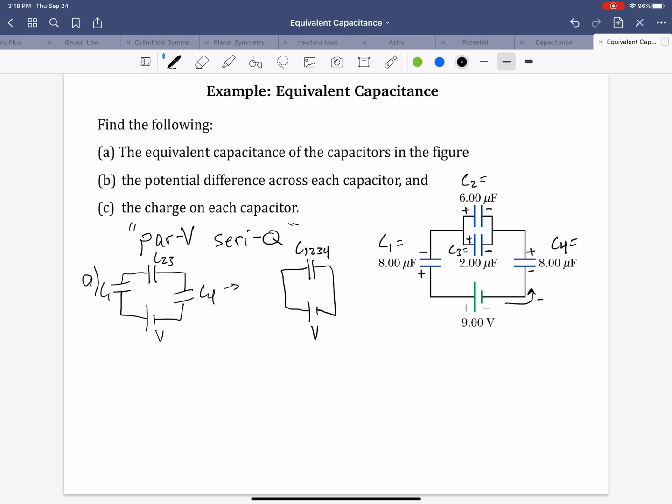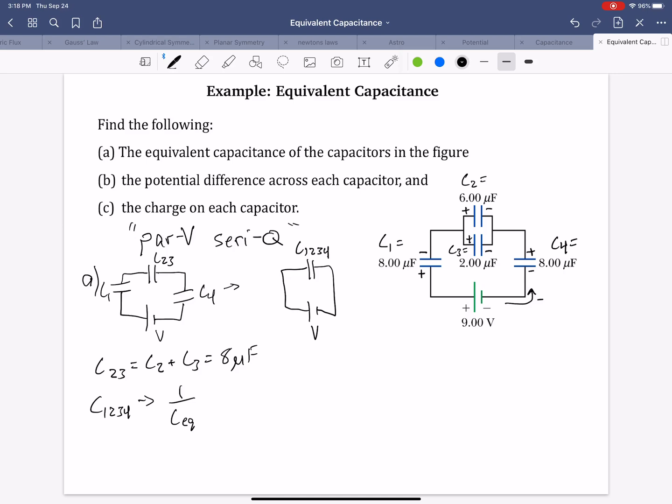So let's see, C23. What was that? Well, it was C2 plus C3, which was 2 plus 6, which was 8 microfarads. Now to find C1234, or in other words, the equivalent capacitance for all of them, let's do it like this because you'll see why in a second. They are in series. You add capacitors in series inversely.